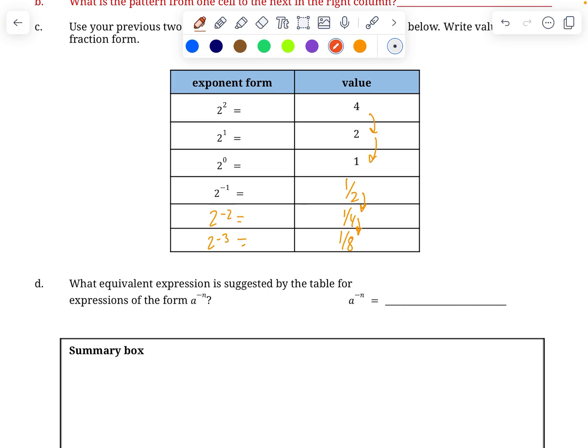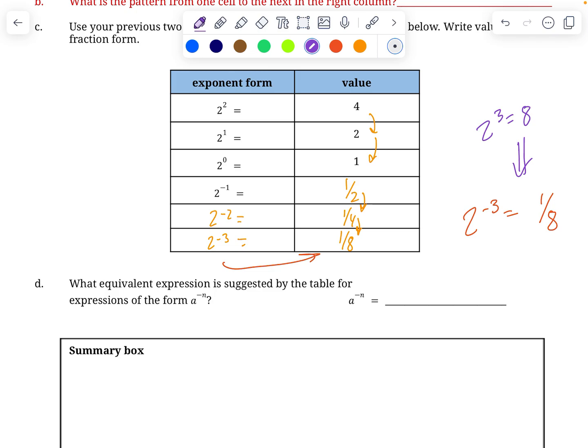Okay. What is the rule? Well, why would 2 to the negative 3rd be 1/8? Oh, yeah. Well, 2 to the 3rd is 2 times 2 times 2. That's 8. Oh, so a negative exponent flips it to the denominator.